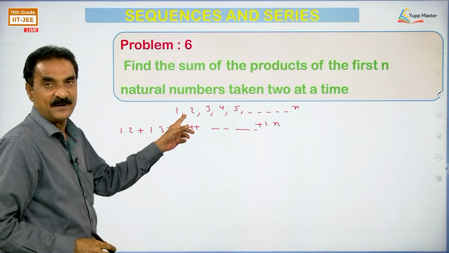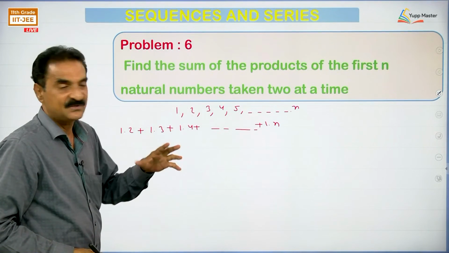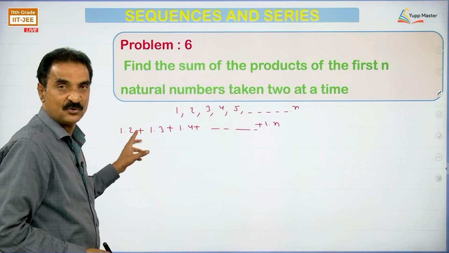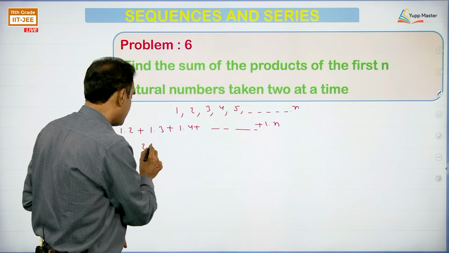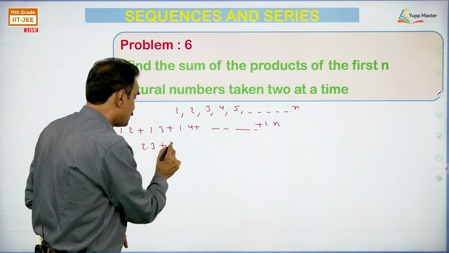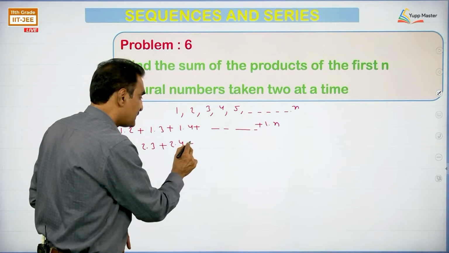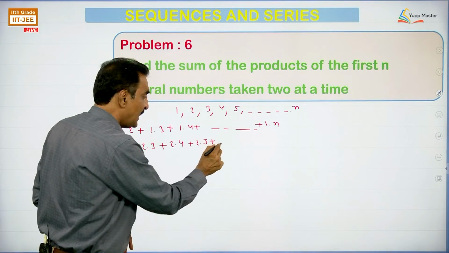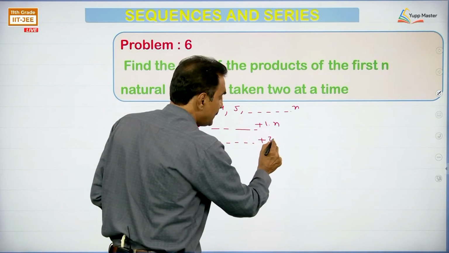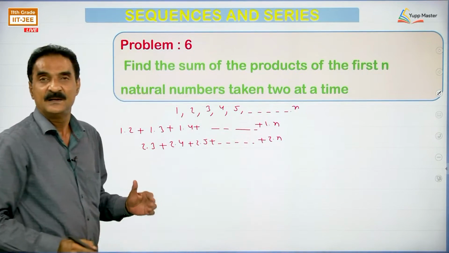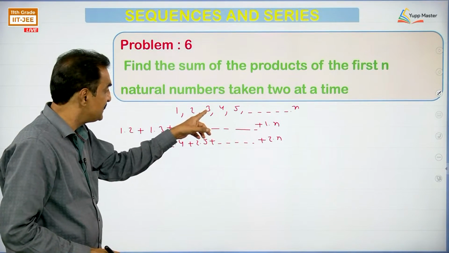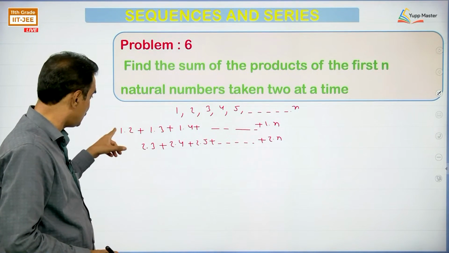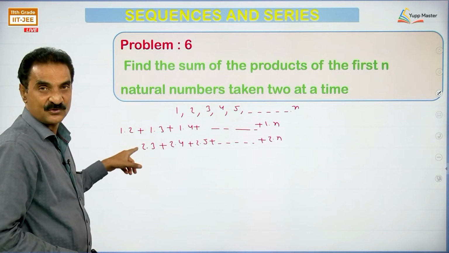Similarly, 2 should multiply with all other numbers. Already 2 has multiplied with 1, so we should not take it again. So, 2 into 3 plus 2 into 4 plus 2 into 5 and so on till 2 into n. Alright. Similarly, 3 should multiply with all other numbers. 3 has been multiplied with 2 and 1 in the first 2 rows.